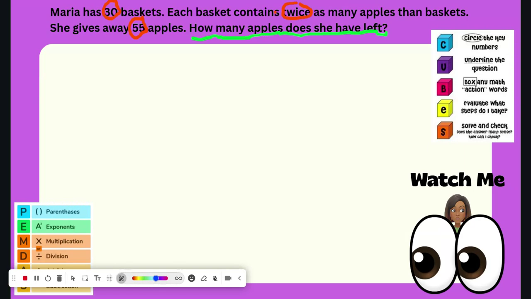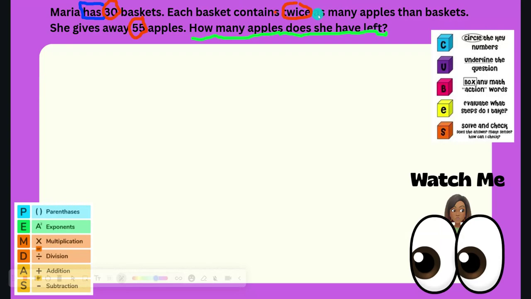Well, let's think. I like to break it down sentence by sentence. Maria has 30 baskets. I think that is important. The word has, because it didn't say she gave them away. It didn't say someone else had them. It says she has 30 baskets. So that's what she currently has. Each basket contains twice as many apples than baskets.